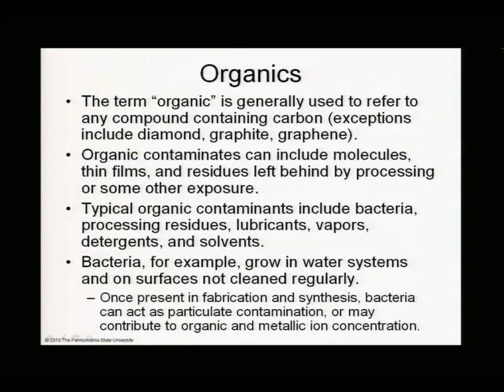But it does contain carbon. That's the telltale distinguishing feature of an organic. It contains carbon. There are some exceptions to that. For example, diamond is not considered an organic, nor is graphite, nor is graphene. And I'll just remind you that graphene is a single sheet of graphite.